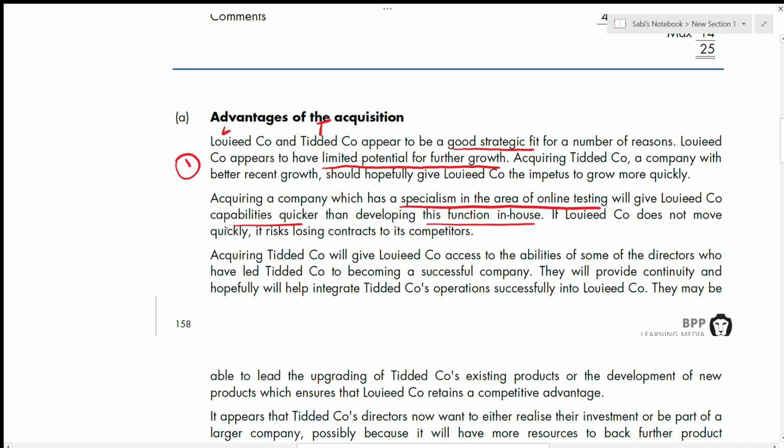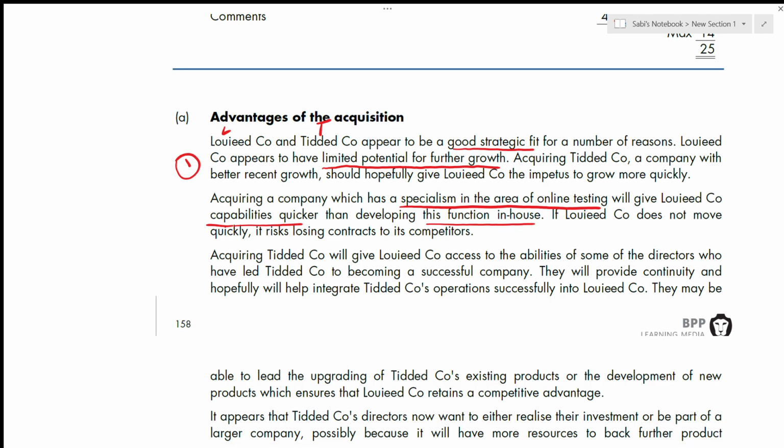So how will it help L company? By acquiring, they can develop this function quicker than if they go for in-house. If they have to develop online testing in-house, it will take more time. But by acquiring a company that is already the leader in online testing, now you can develop it quicker. So that is the advantage.